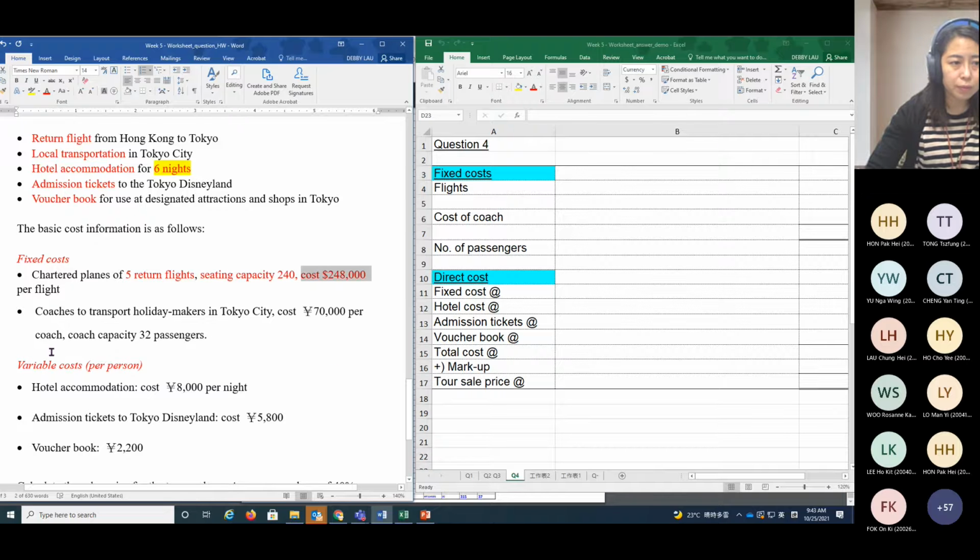Okay, so next is the coach to the Tokyo City, which costs 70,000 per coach. And the coach capacity is 32 passengers.